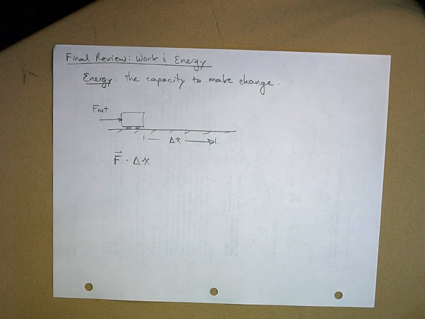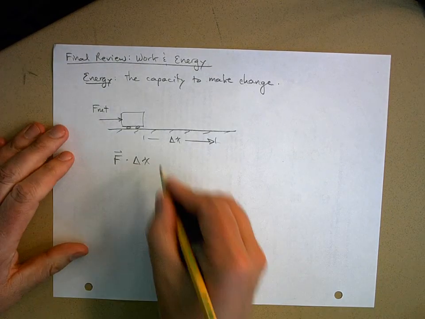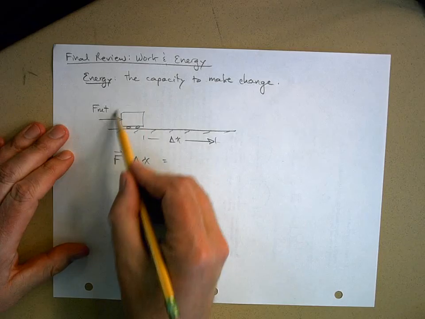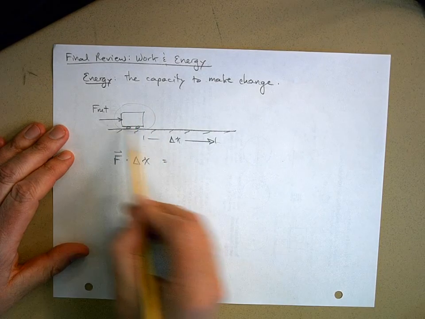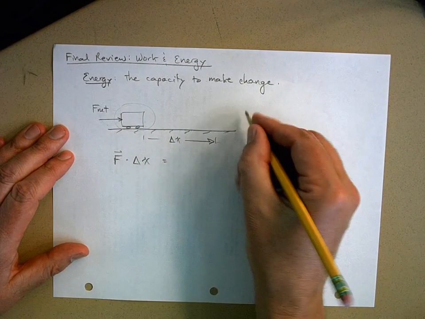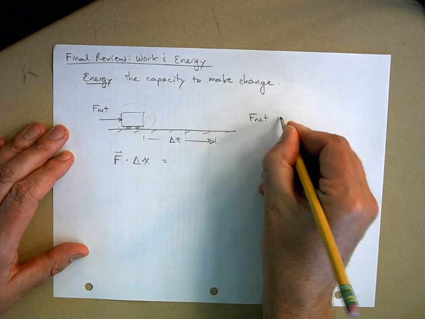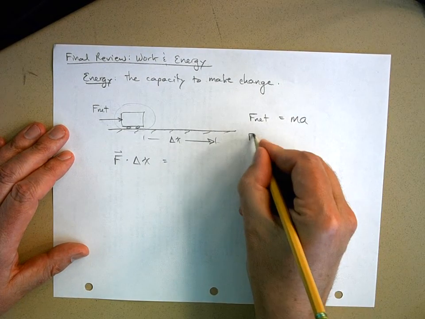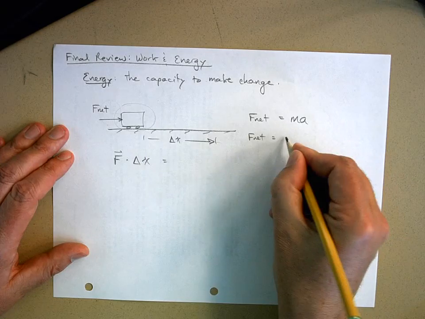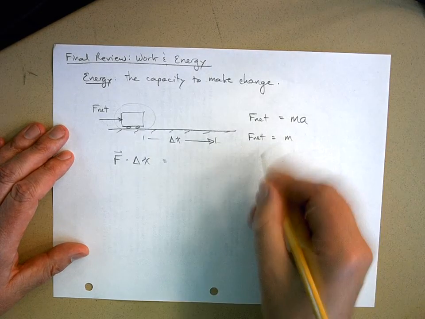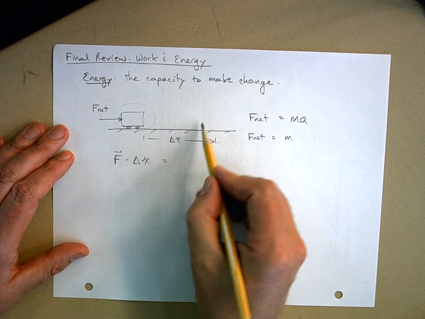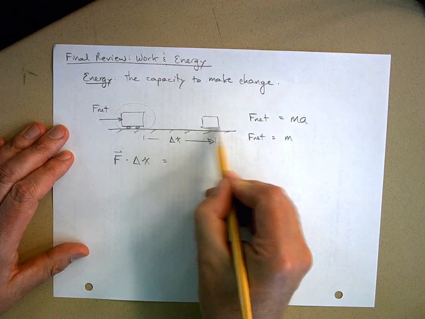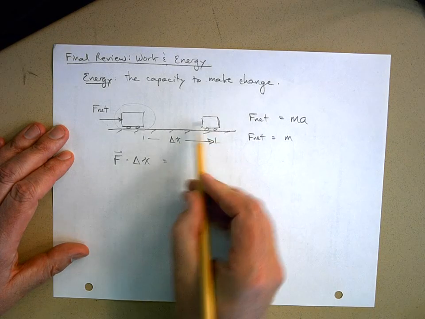Well, this force is the net force on the object. And we know that the net force is equal to mass times acceleration. Now we're going to express this in terms of velocity.